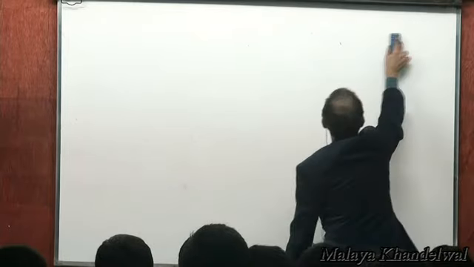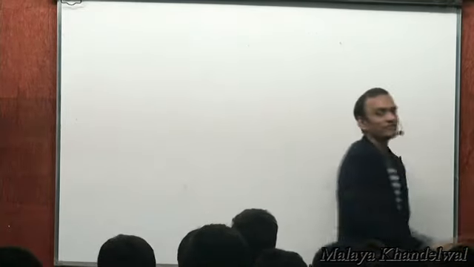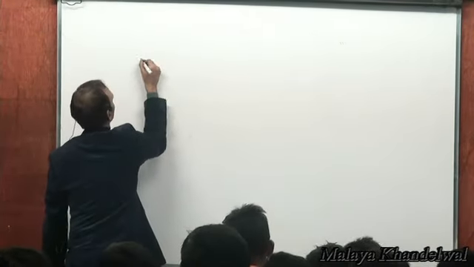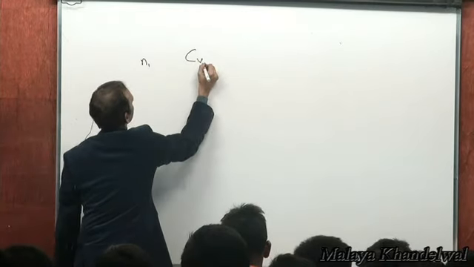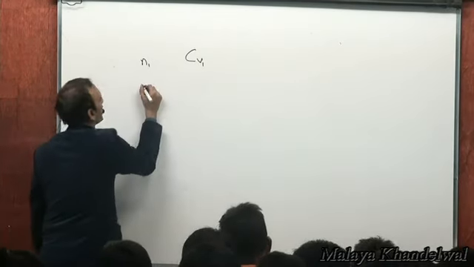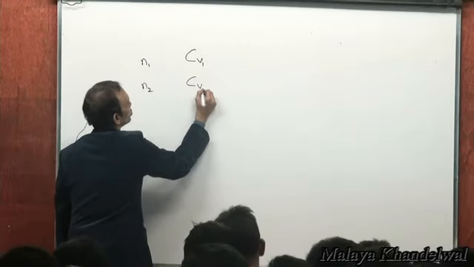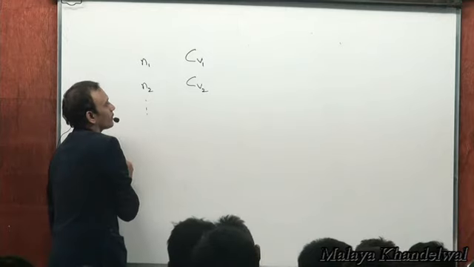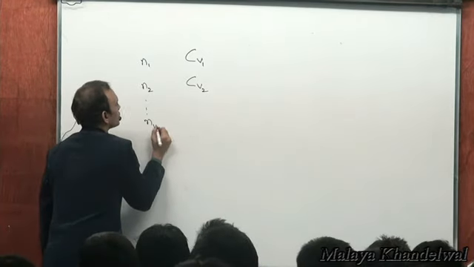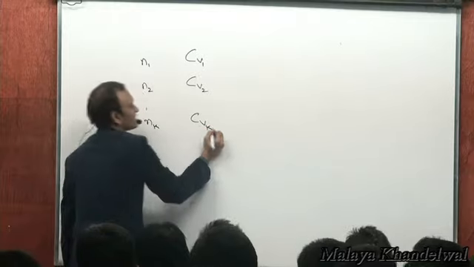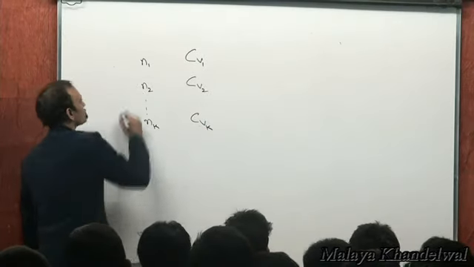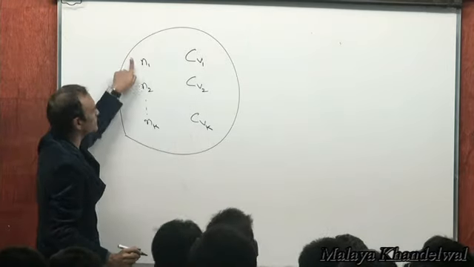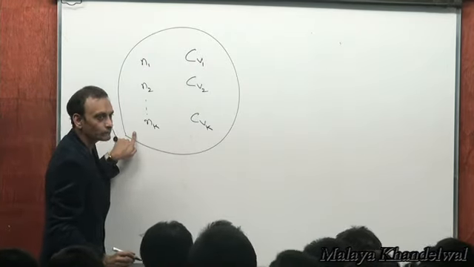Let me also tell you that in the event you have a mixture of gases, let's say N1 moles of a gas with Cv equal to Cv1, N2 moles of a gas with Cv equal to Cv2, and so on and so forth, say Nk moles of a gas with Cv equal to Cvk. This is a mixture of gases, these being their Cvs and these being the number of moles of the gas.